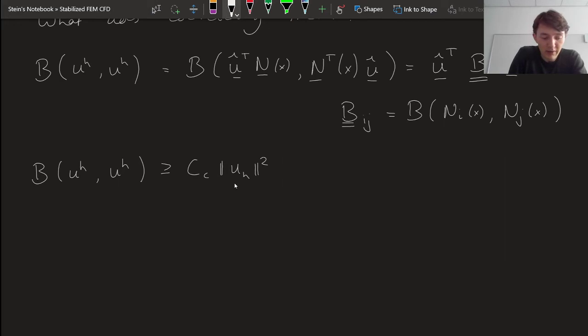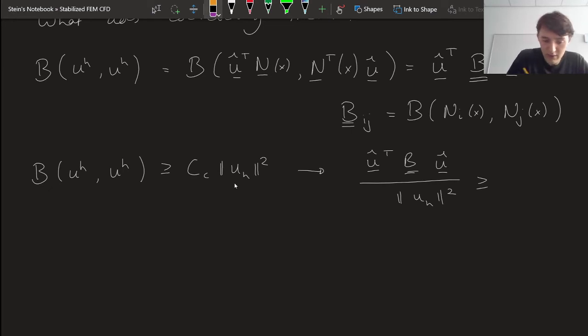Let me substitute my obtained definition of B, and then we obtain that u hat transpose B u hat divided by the norm of u_h squared is going to be larger than or equal to this constant, C_c.